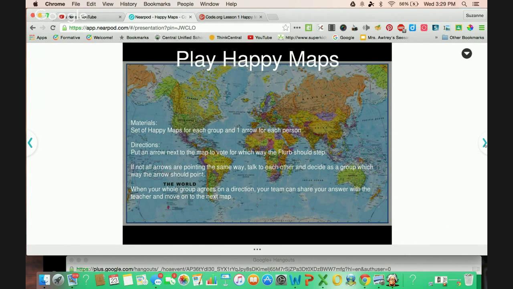Each pair, each two partners, will have a map, and you're each going to have an arrow. What you're going to do is help our little friend Flurb get to the fruit. Flurb loves to eat fruit, and your job as a programmer is to help Flurb get to the fruit.